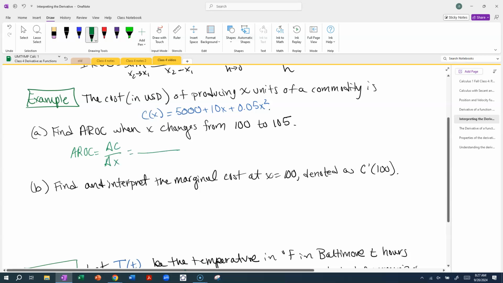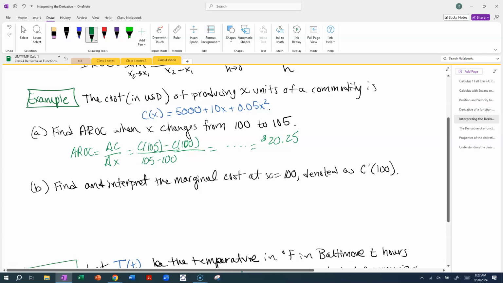So this is in the denominator at least, 105 minus 100. I could do it in the other order, but then it'd be C of 105 minus C of 100. Okay, and if I do the calculation at the end, I should get 20.25.